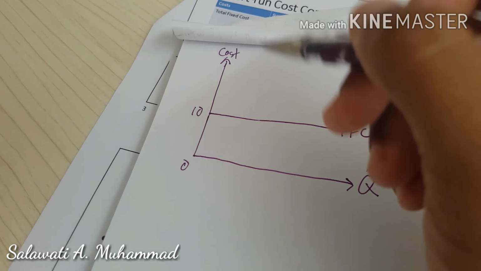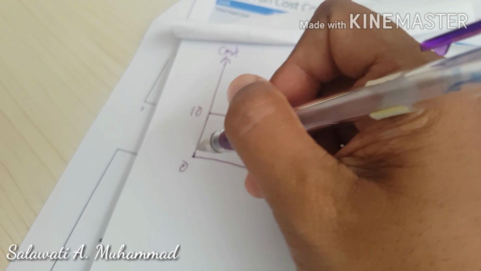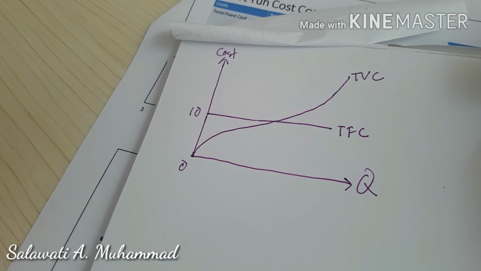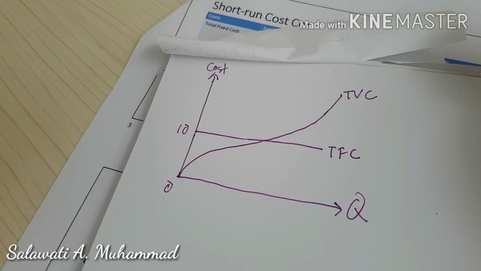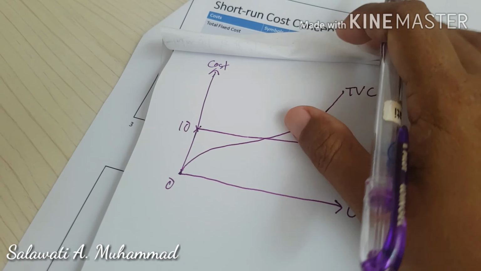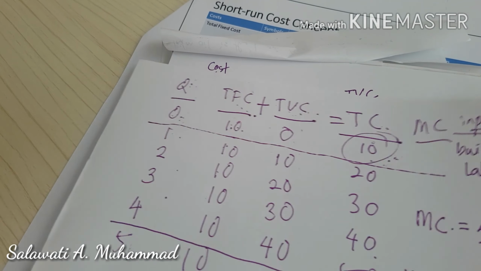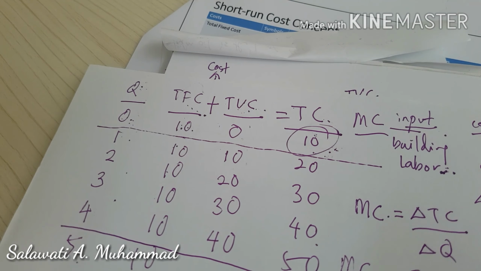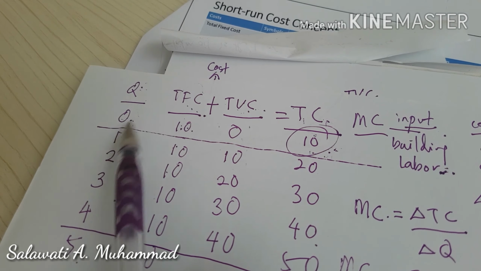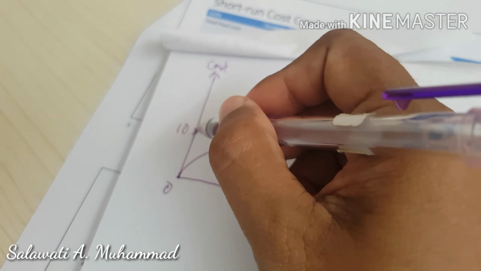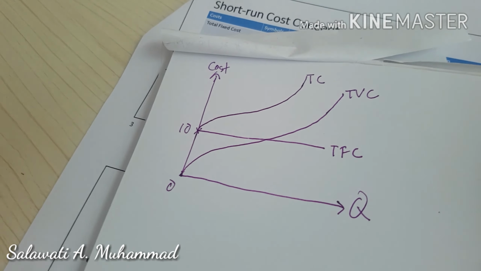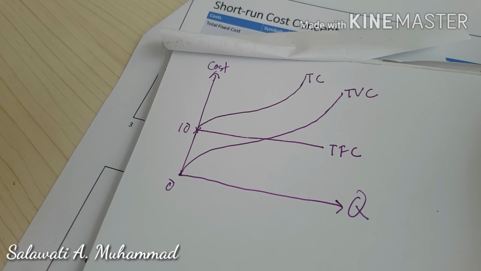But our total variable cost starts from 0. So here is total variable cost. How about total cost? Total cost must start from 10, like I gave you in my example before. Total cost starts from 10 when output is 0, so it must start here. So this is total cost.